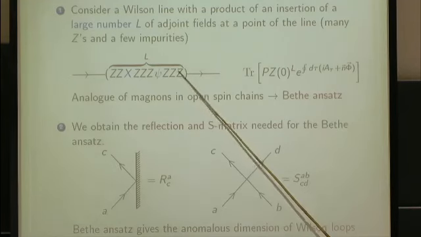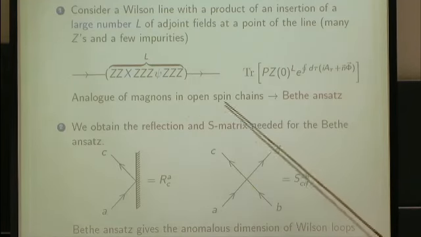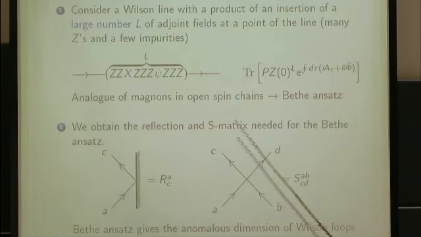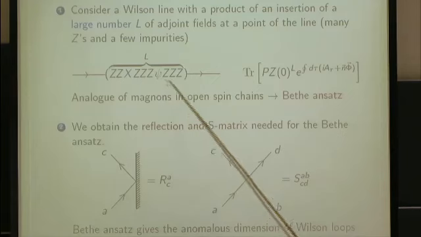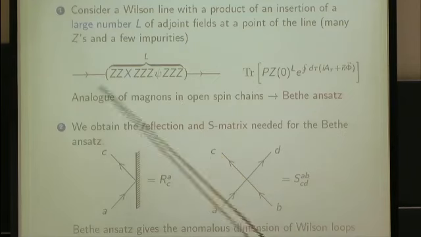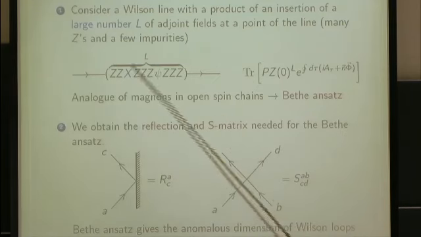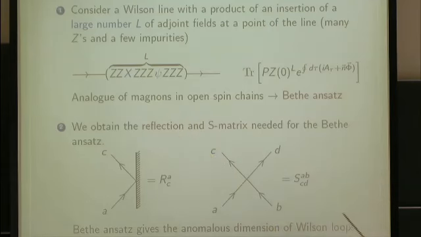They are all evaluated at the same point along the contour. Then you can provide a description of the expectation value of this operator by diagonalizing a spin chain associated to this open chain. Since this problem turns out to be integrable, we can solve it using the Bethe ansatz.